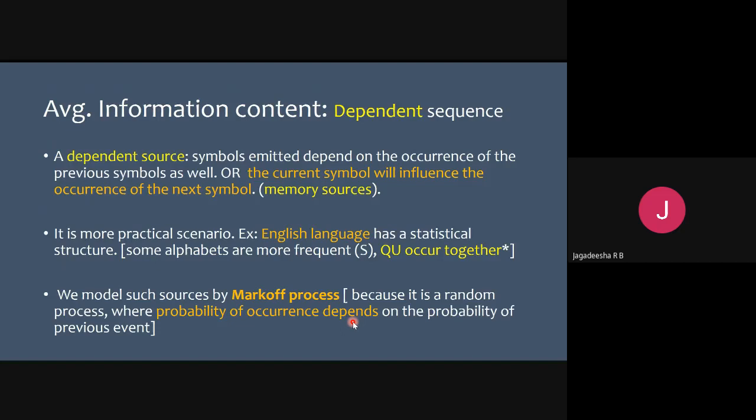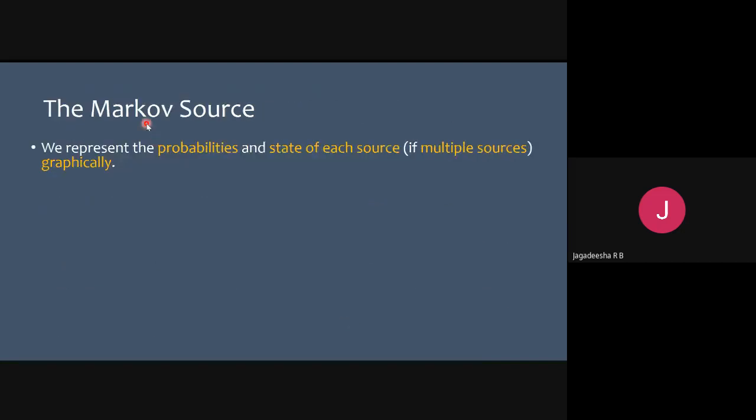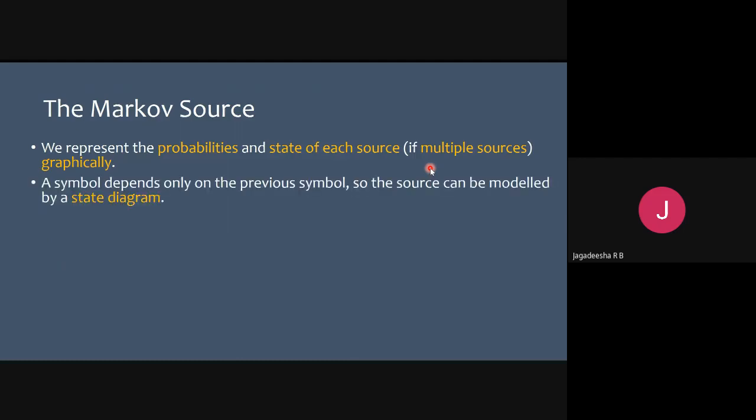So we will see how to measure the information content or the entropy if it's a dependent source. If there are multiple states, we can represent the probabilities and states of the source graphically. That is also called a state diagram. When I give the example here, it will be more clear.